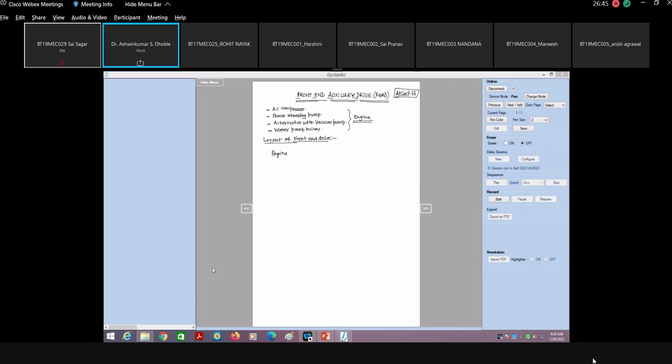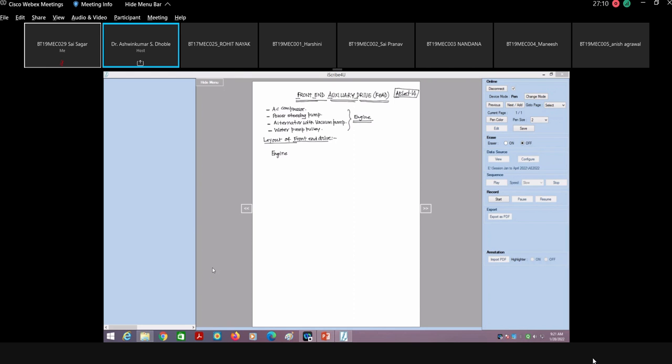I am giving this information from your practical point of view, because I have worked on the design of the front end auxiliary drive. So I am in good position to tell you how it is designed, what you people expect, and where the knowledge of mechanical engineering is required.